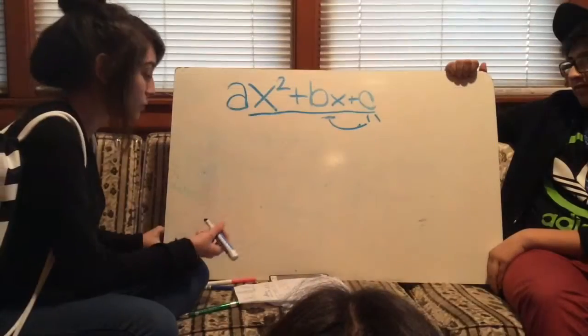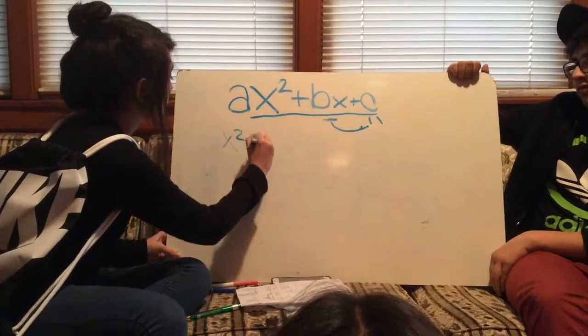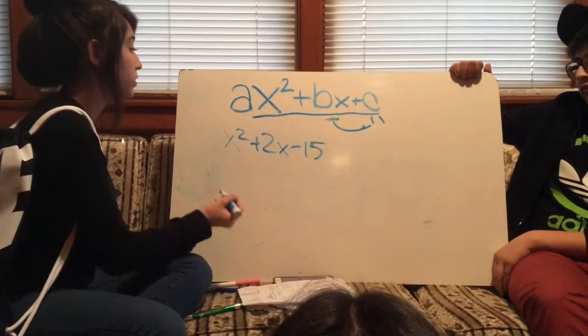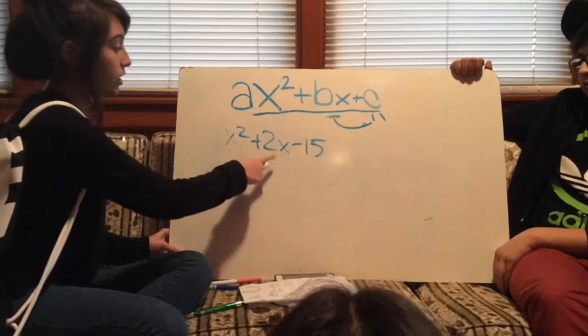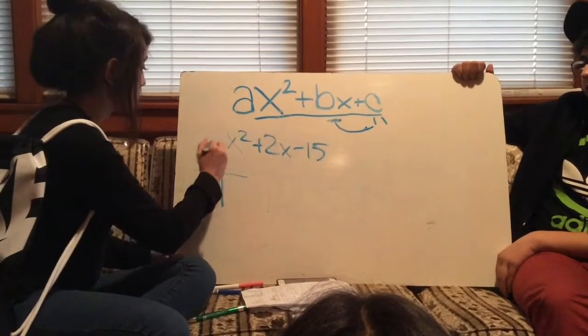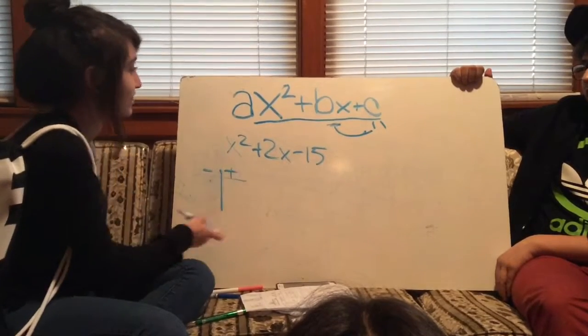Our next example will be x squared plus 2x minus 15. We know that the two numbers have to multiply to negative 15 and add up to 2, so we have to do the little table, negative and positive.